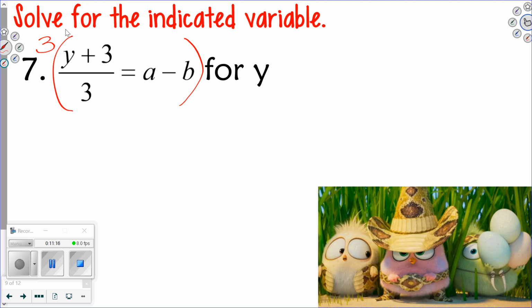All right, so when you multiply it here, 3 divided by 3 is 1. So then I just have y plus 3 on the top, equals 3 times a, 3 times b. It's going to make that minus 3b. You have to distribute it to everything, every single piece.